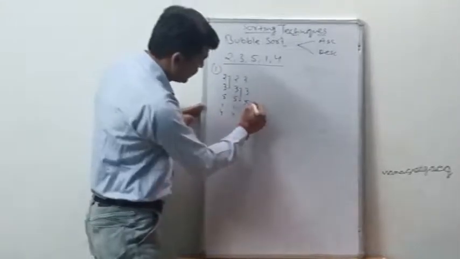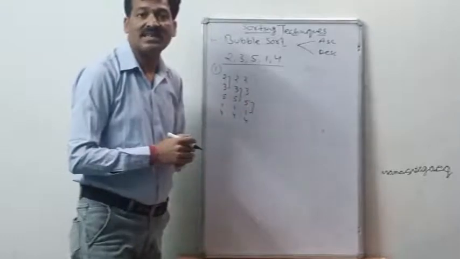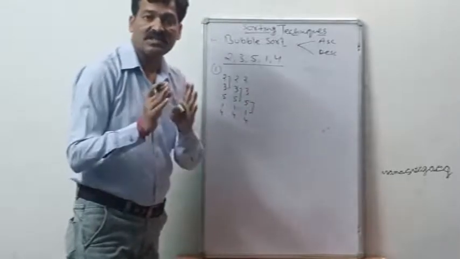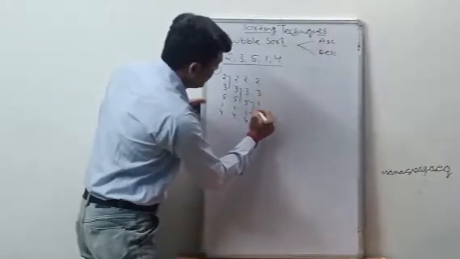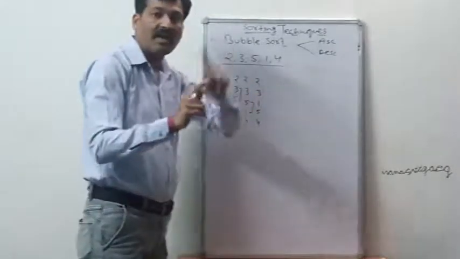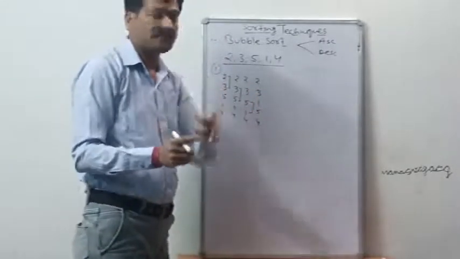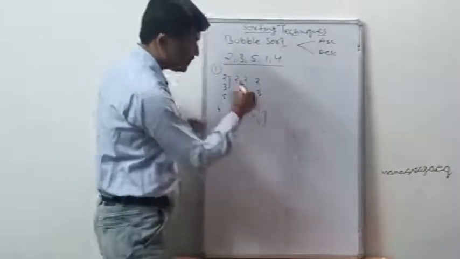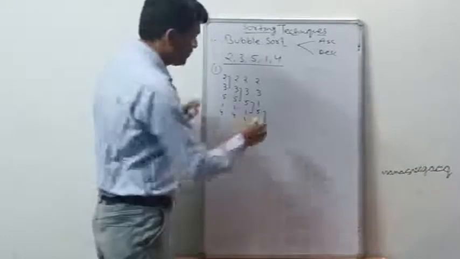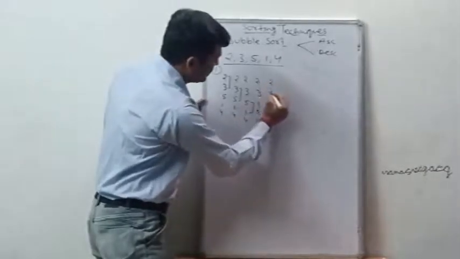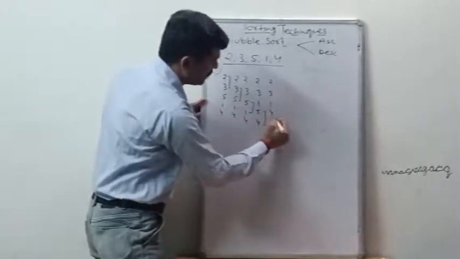Now in the third rotation of the inner loop, 5 is greater than 1. Is the condition true? Yes, it is true, so the elements will be swapped: 1 and 5 are swapped. In the last rotation of the inner loop, 5 is greater than 4. The condition is true again, so it will be swapped, giving 2, 3, 1, 4, 5.